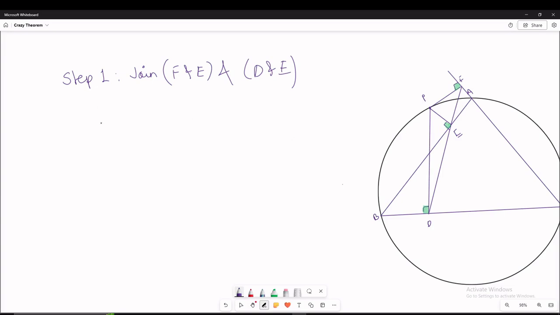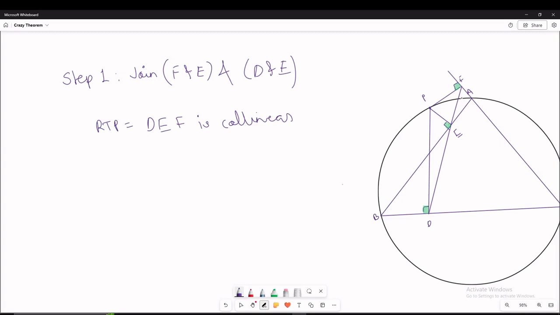So the RTP for us, required to prove, is that DEF is collinear, which we can prove by saying that one angle on this point is 180 degrees, that is angle DEF is 180 degrees, which we can do that.